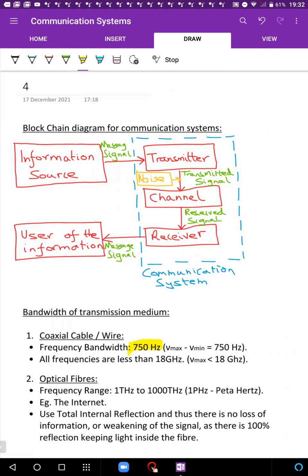Here I'm using bandwidth in the sense where I'm saying it's uska max or minimum frequency के बीच में जो भी signal भेजोगे उसका width 750 hertz का है. Okay, normally, typically, and all frequencies are less than 18 gigahertz. Okay, so coaxial cables, wires में you use frequencies of this range.